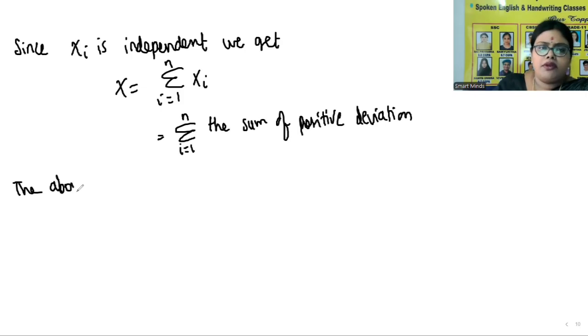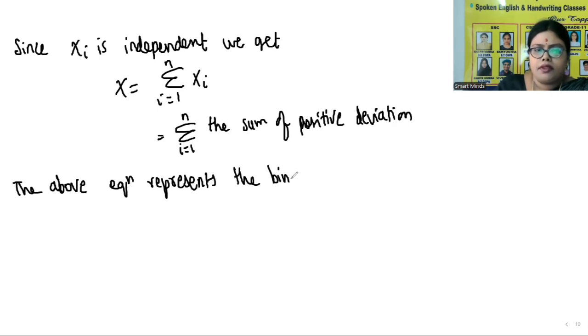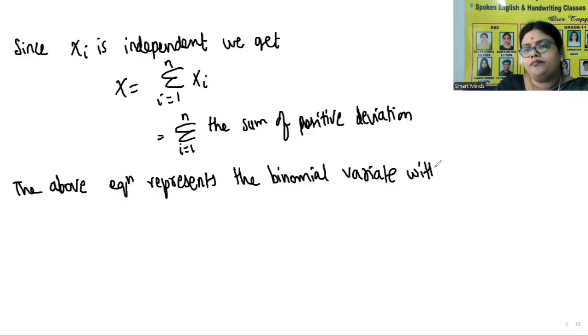So the above equation represents the binomial variate with n parameters.